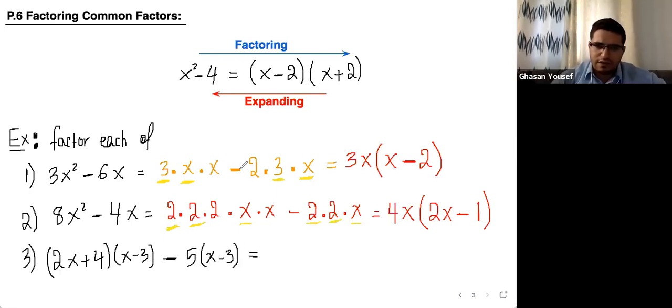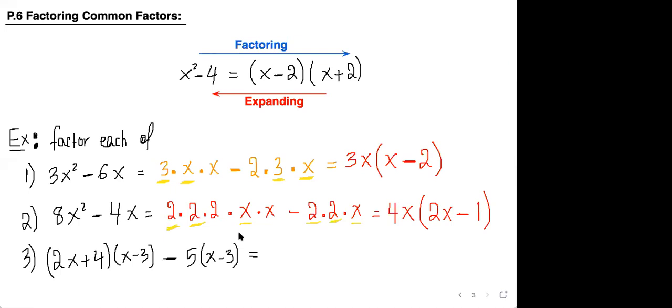So what is the common factor between the first term and the second term? Between this and this? What is the common factor between this here and this one? X minus 3. Yes, exactly.